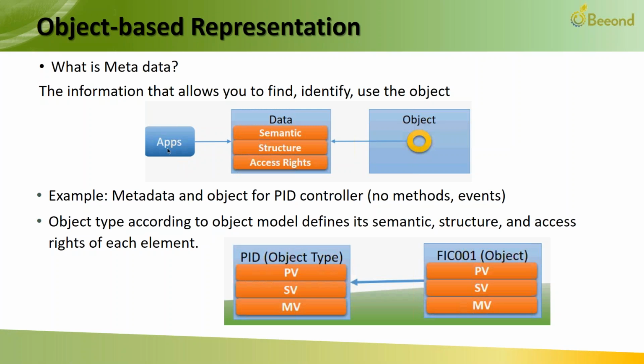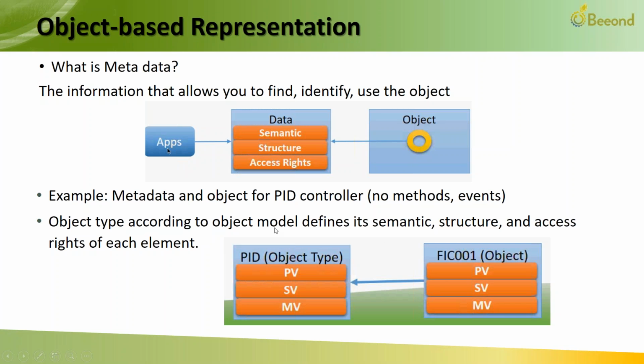So the metadata part is the part of the object that allows you to identify and qualify the object. Like you can basically infer the type definition of an object, its methods, its structure, and other concerns such as its accessibility, the security aspect or the authorization aspect of the object.